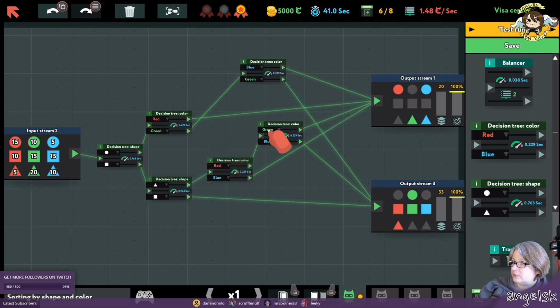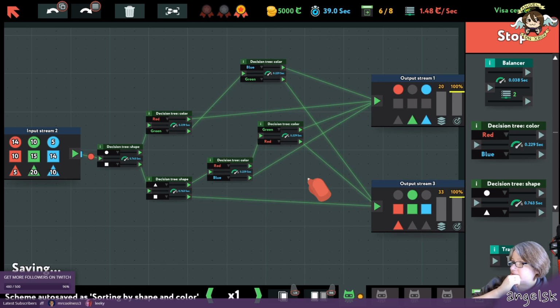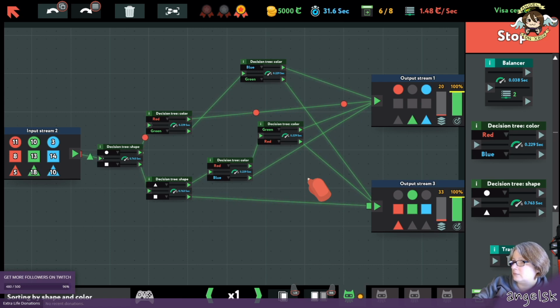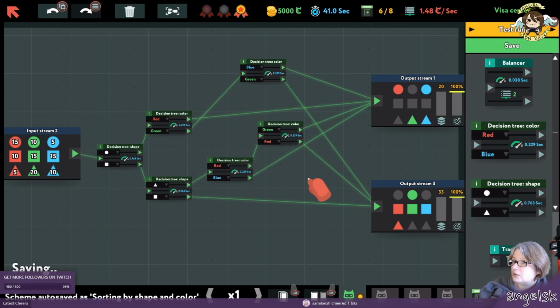Because something went wrong with this. It was supposed to be a red triangle. No, something's still going wrong.